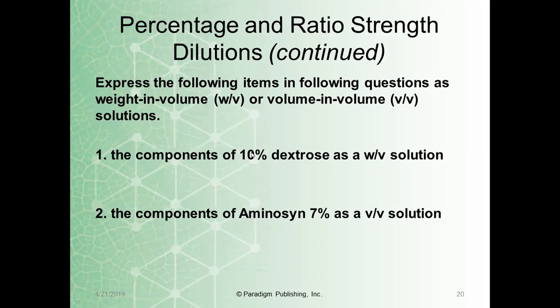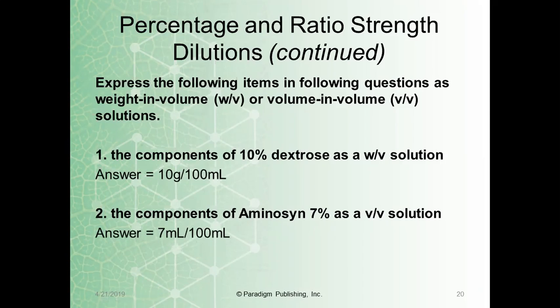So 10 grams per 100 mLs. So that would be our answer. Now express the component of aminosyn 7% as a volume solution. So now instead of grams, since this is a volume, it'll be 7 mLs for every 100 milliliters.